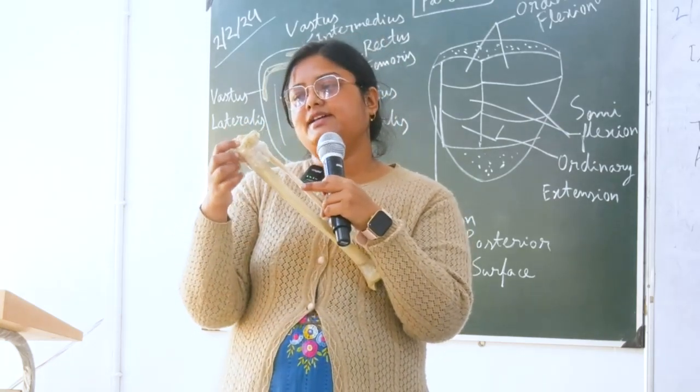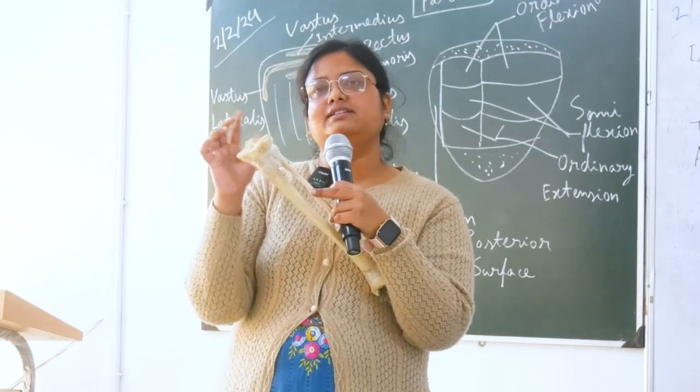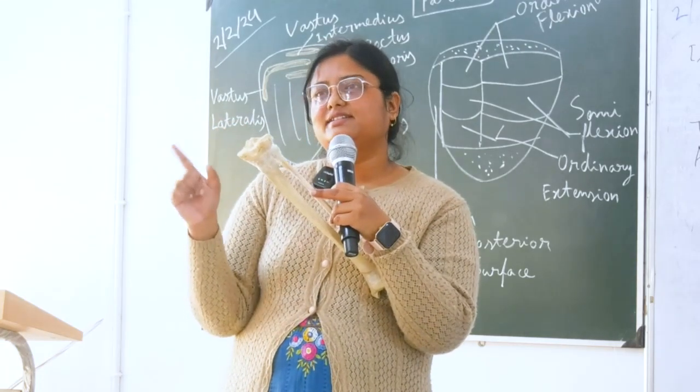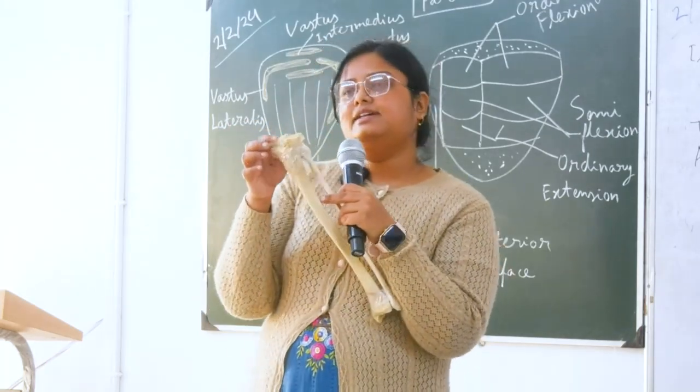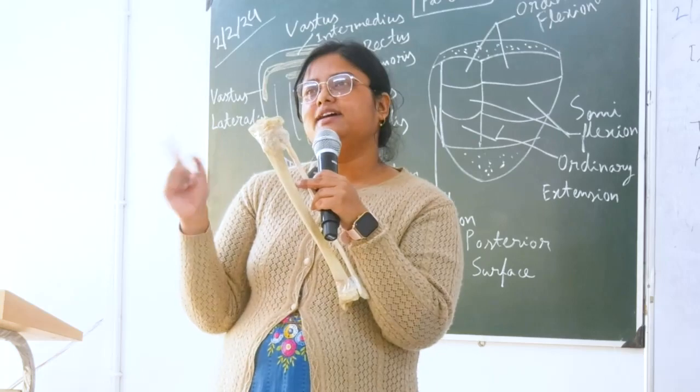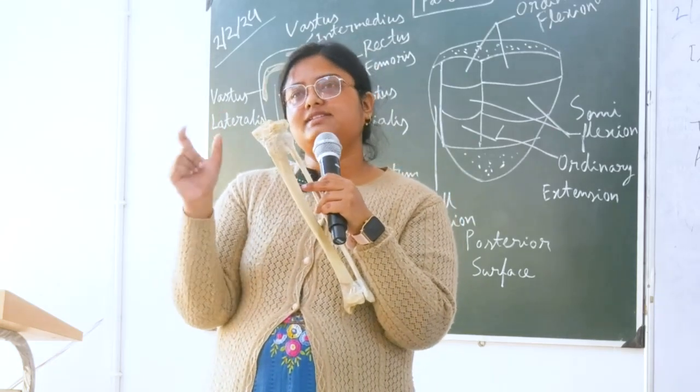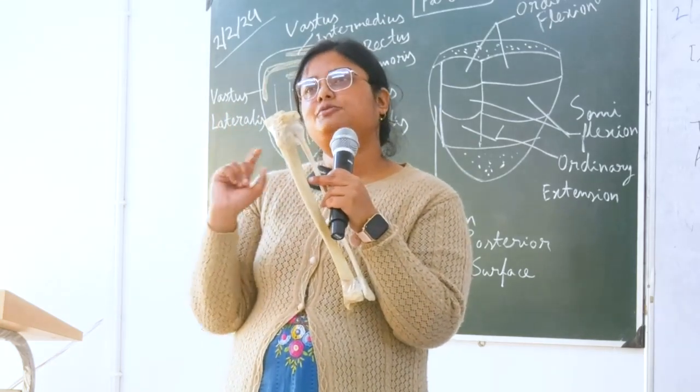Anterior to it and posterior to it, some structures are attaching, and these structures are important. In the anterior part of the intercondylar area, there is attachment of three structures from anterior to posterior.